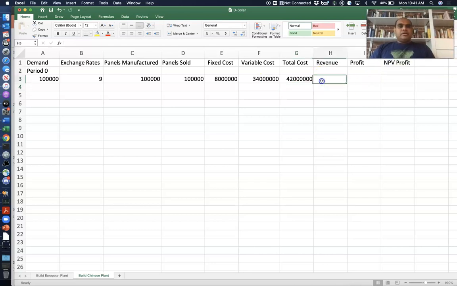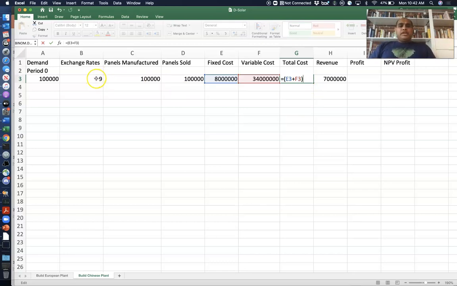Okay. The revenue. Now this is based on the number of panels that are sold. So you take the number of panels sold, multiply that with the sales price. So the sales price is still in euros. So I guess we have to do some calculation here. Let's do that. Right. So the revenue is in euros, but the cost is in yuan. So when I calculate this total cost, I'm going to change that. So I'm going to take the total cost.